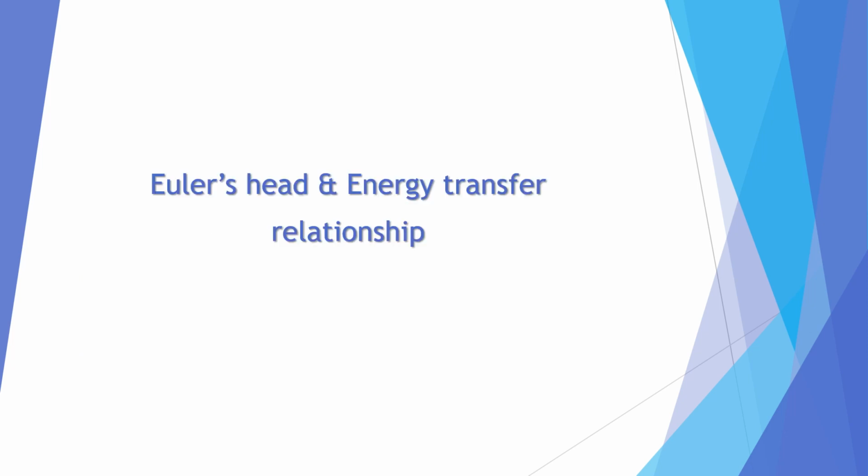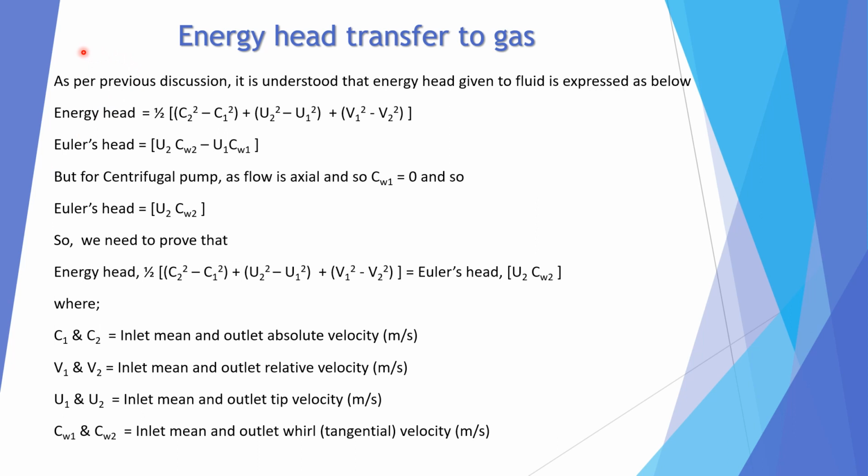Euler head and energy transfer relationship. In the previous discussion, we have understood that the energy head given to the fluid is expressed as half into (C2 square minus C1 square plus U2 square minus U1 square plus V1 square minus V2 square), and Euler head is U2 into CW2 minus U1 into CW1.